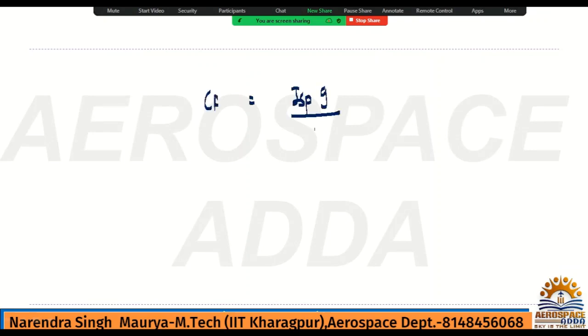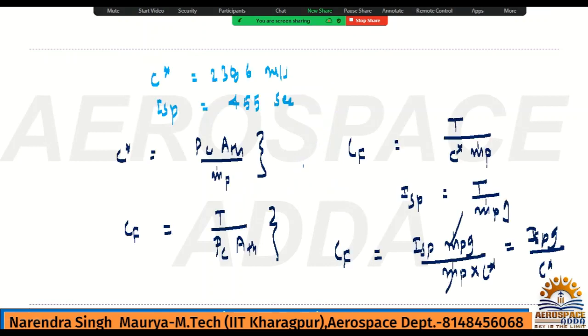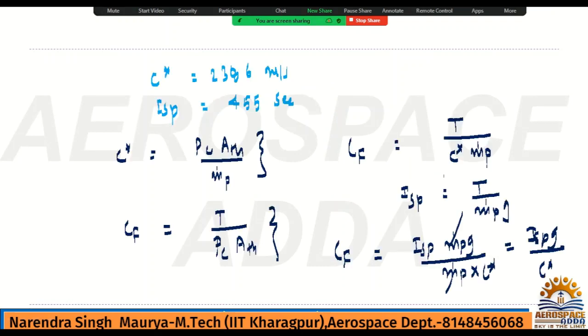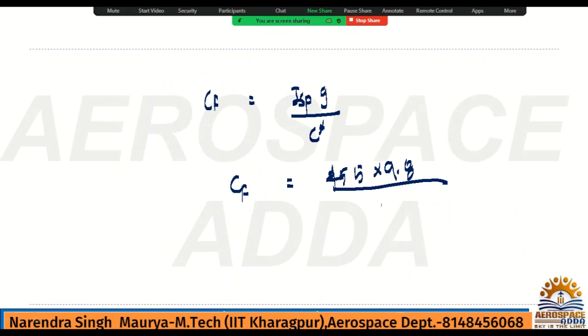You can calculate this: ISP g divided by C star. Here, 455 divided by C star, which is 2386. So the CF value you are getting is approximately 1.87.